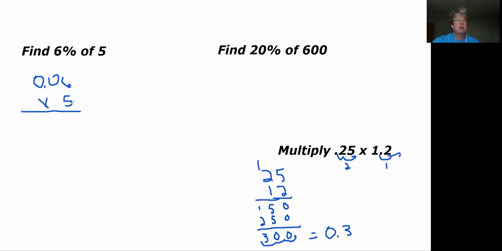So 5 times 6 would be 30. And then basically what we did is we ignored 2 decimal places, so we have to put those 2 decimal places back in the problem. 1, 2, back to the left, and we end up with this 0.30. So we end up with that 30 cents tax, as we noticed.